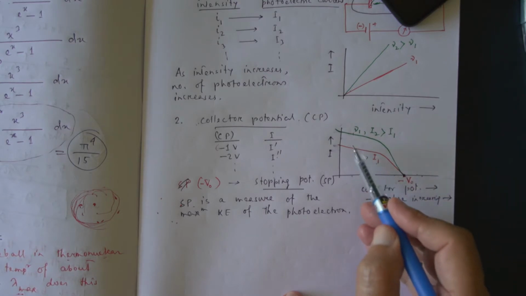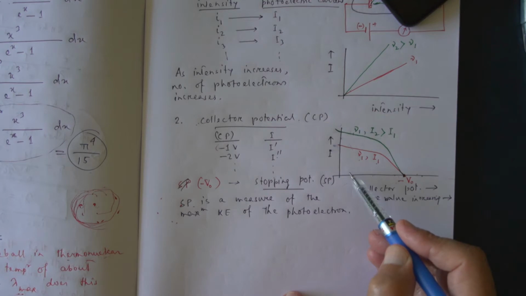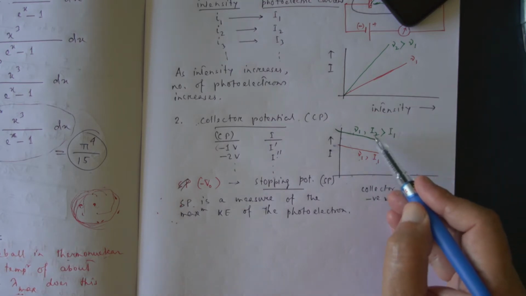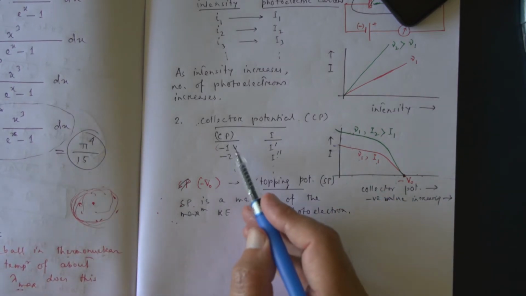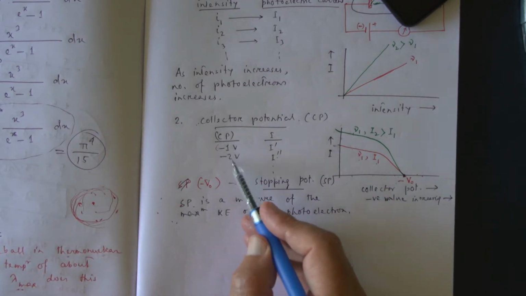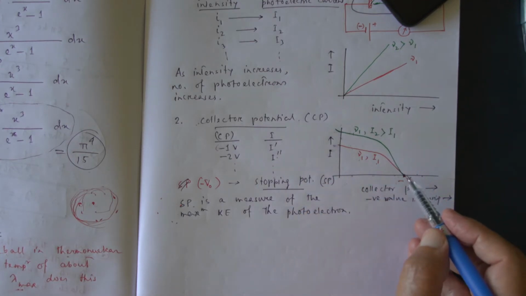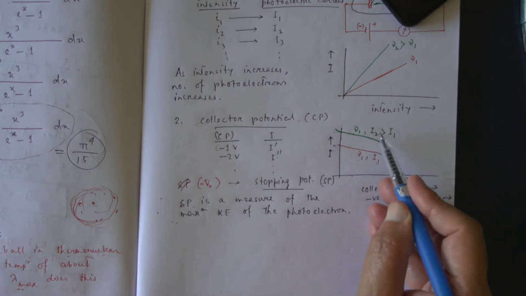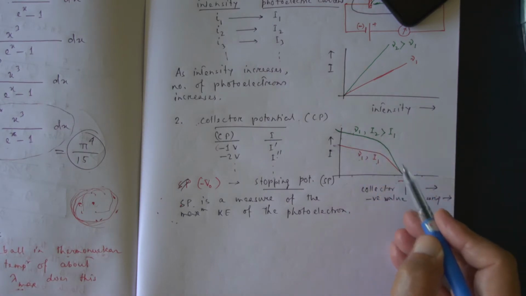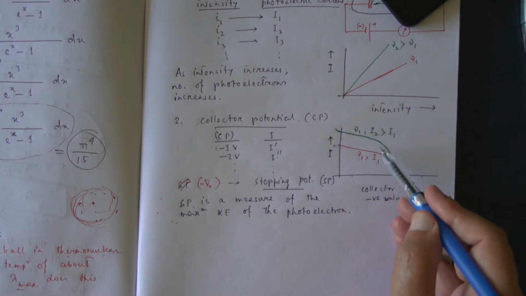When the intensity is higher, the photoelectric current is higher. He gave the negative potential and measured the photoelectric current. Now what we find here is that the stopping potential remains the same, whatever the intensity of the radiation may be.